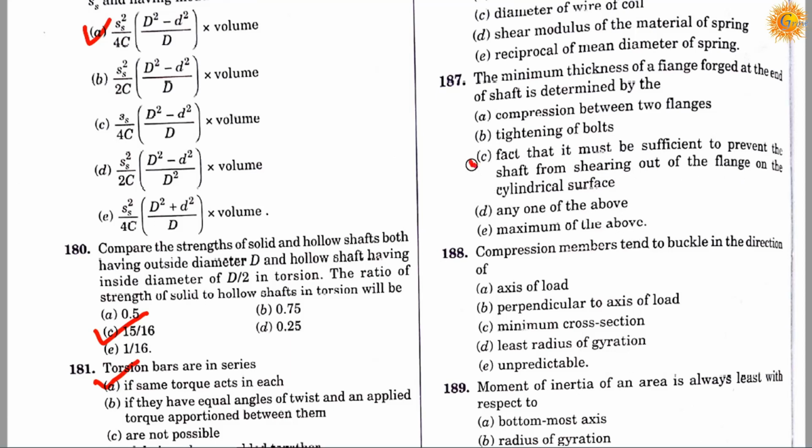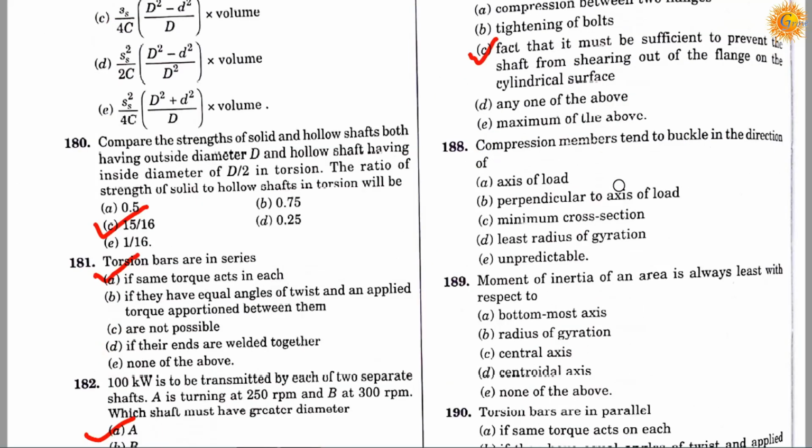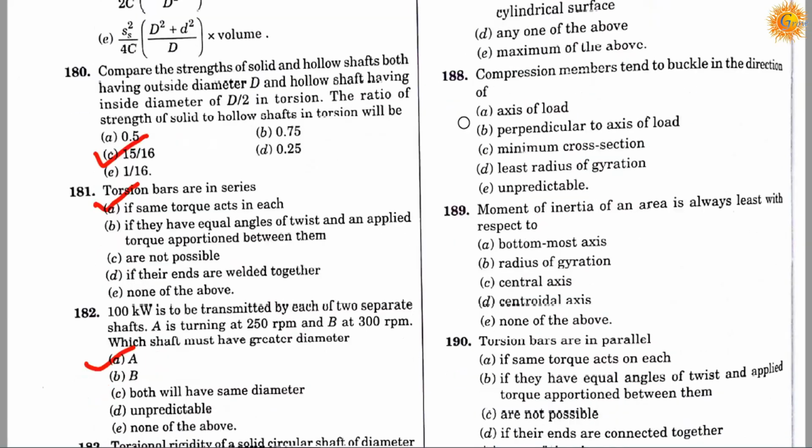The correct answer is C. The minimum thickness of a flange forged at the end of a shaft is determined by the fact that it must be sufficient to prevent the shaft from shearing out of the flange on the cylindrical surface.